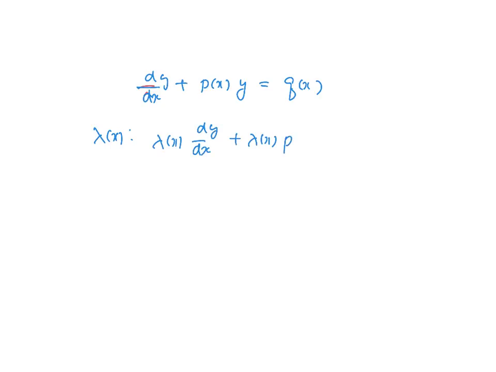We have dy/dx plus p(x) y equals q(x), and multiply by lambda(x), we have lambda(x) dy/dx plus lambda(x) p(x) y equals lambda(x) q(x). Equation 2.